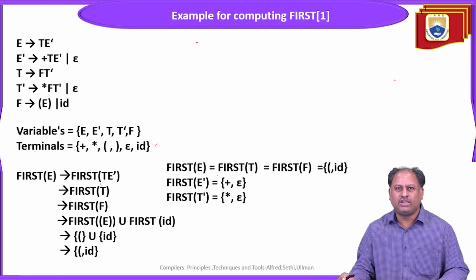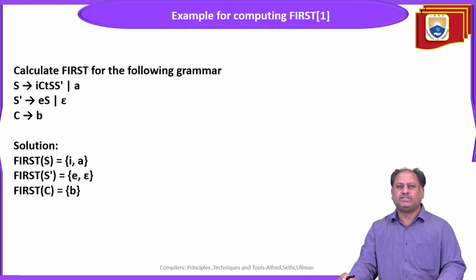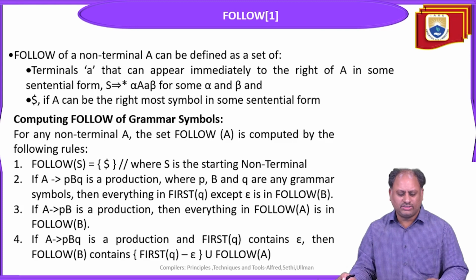If it is a non-terminal, then we have to evaluate the computation of first once again until the terminal appears. Third, if epsilon occurs in any of the production values, then directly we can append epsilon to the result. That is the first computation.